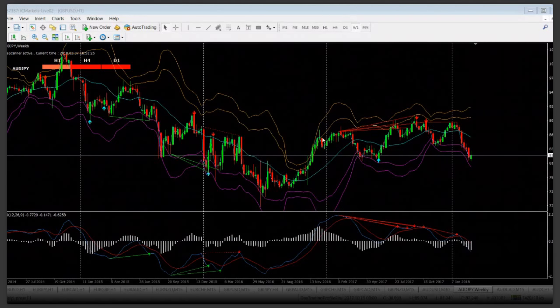Yeah, and expect a bit of a retracement here on the Aussie Japanese yen, and then maybe a drop down towards these lower levels here.